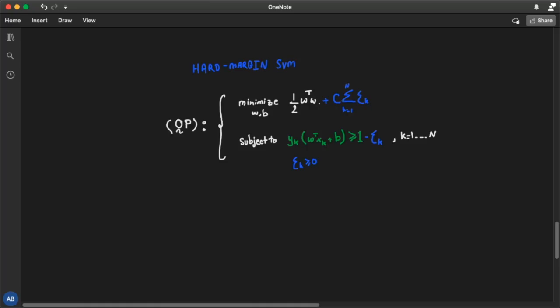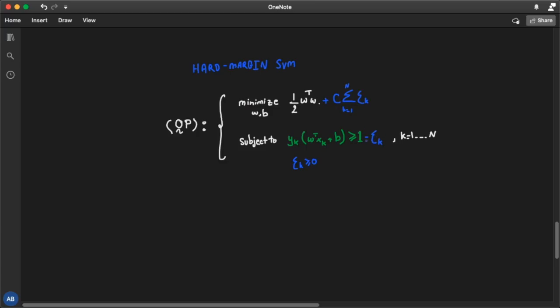So if a certain data point is not an outlier, psi k should be between 0 and 1, so that this term over here is positive. In that case, I have a small penalty. I don't penalize this instance, okay?